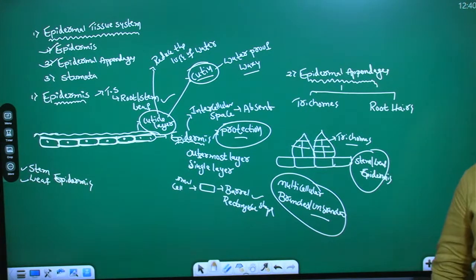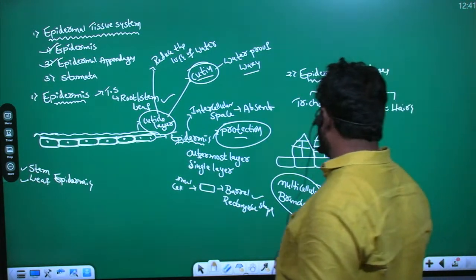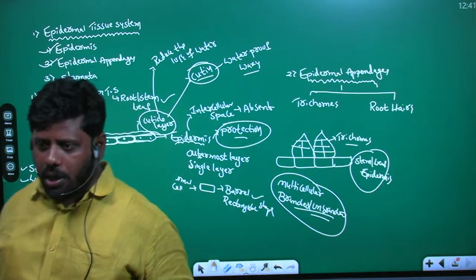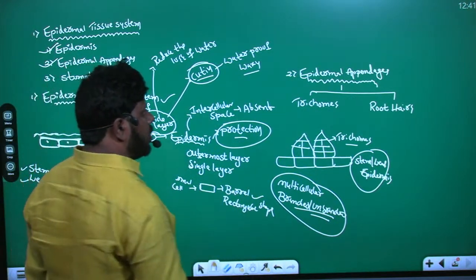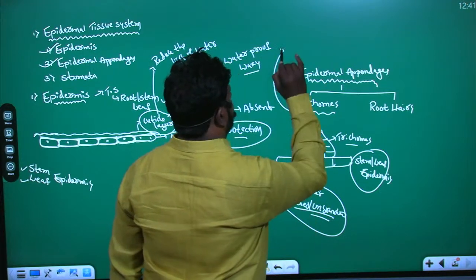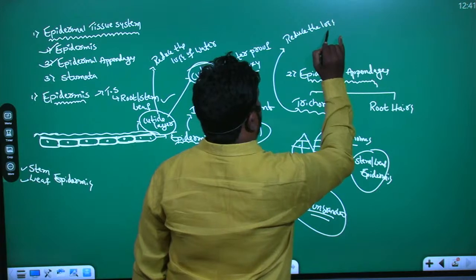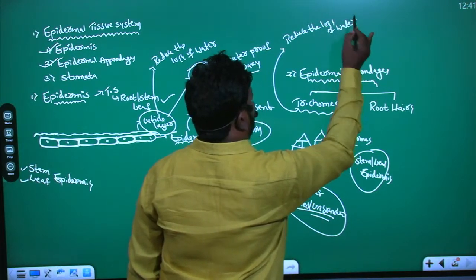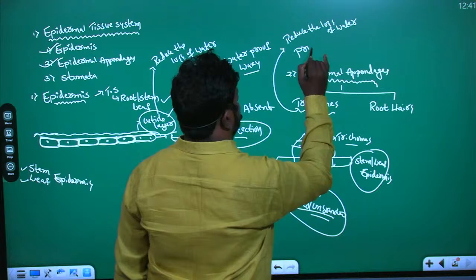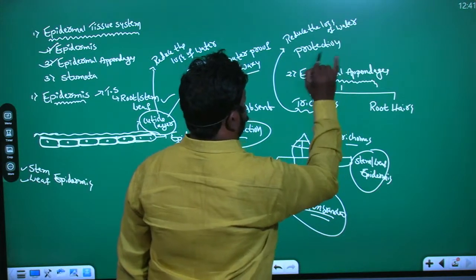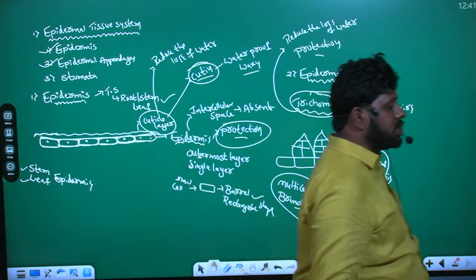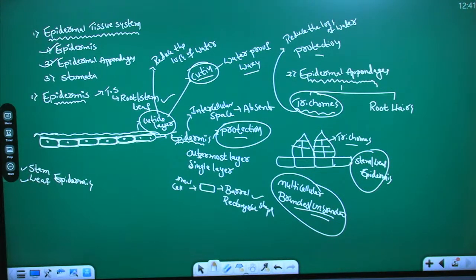Those multicellular hair-like structures are called trichomes, and sometimes they are branched, sometimes unbranched. What is the function of trichome? Trichome reduces the loss of water and also participates in protection.